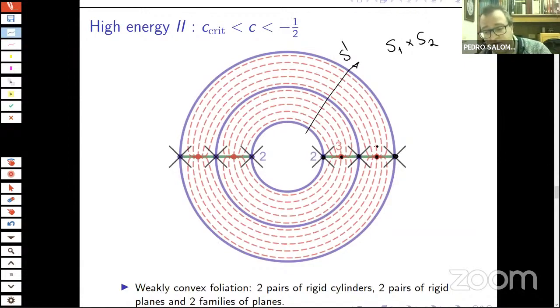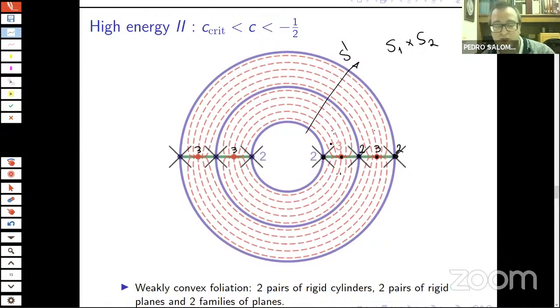So we have these 2 index 3 orbits. So it's the same here, and a family of planes asymptotic to each index 3 orbit. In fact, 2 families of planes. And we have cylinders connecting this index 2 orbit, the same, connecting them.